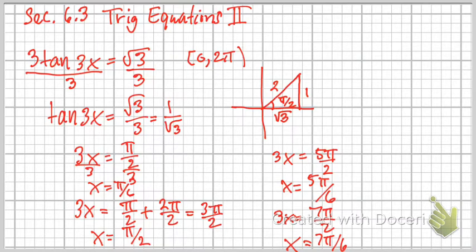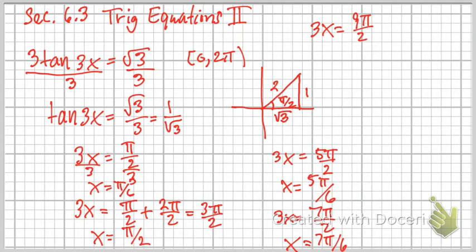So there's even more answers than this. So right now we have 4 answers. So then I keep going with this process. And then x is also going to equal 9 pi halves. So 3x equals 9 pi halves.